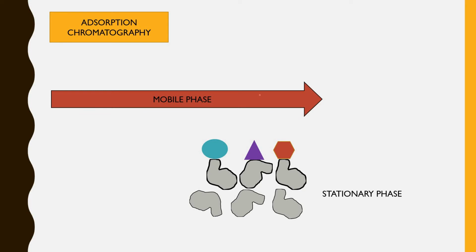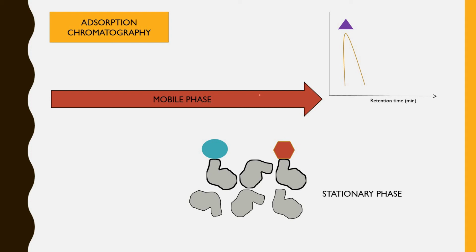And then after a few minutes, when you look at the chromatogram, there will be a few peaks appearing. If the peak of the triangle occurs first, you know that it has less interaction with the stationary phase.